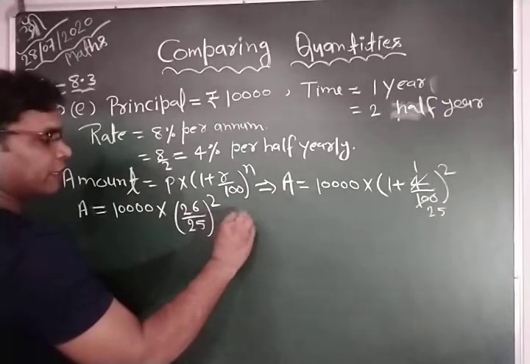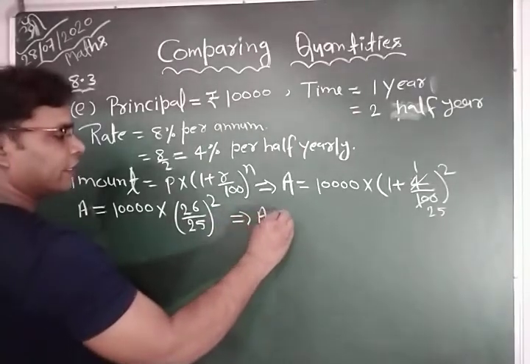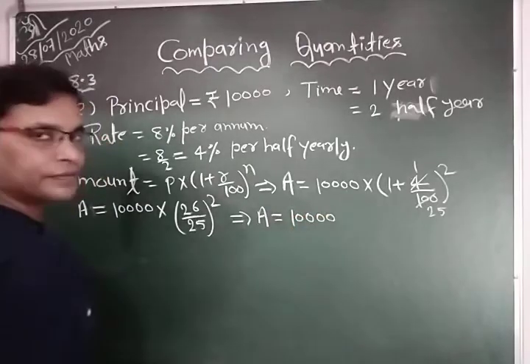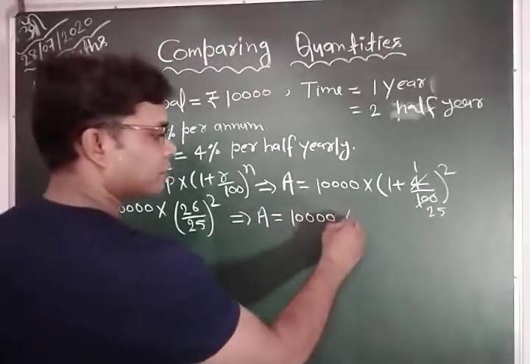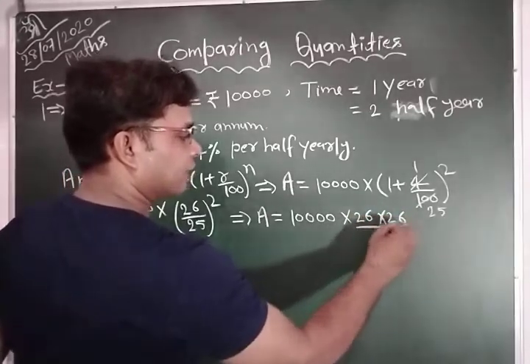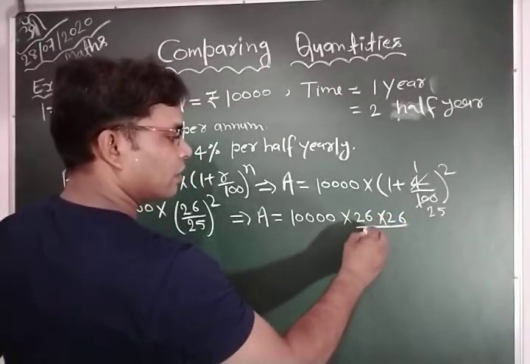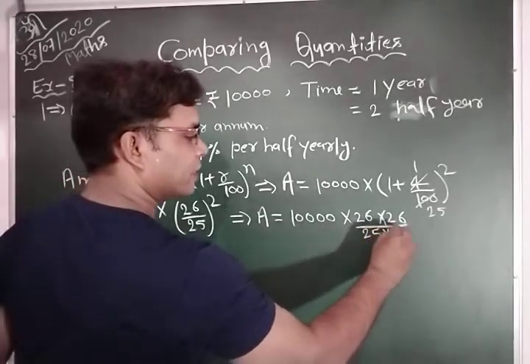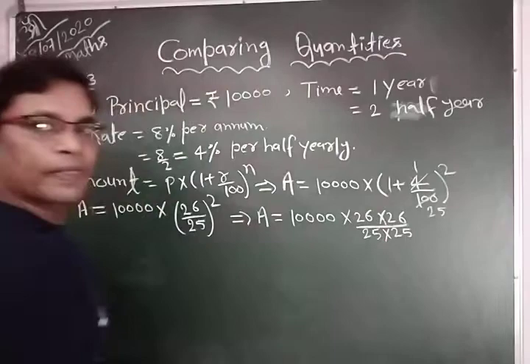This implies that we can write here A is equal to principal 10,000, we write as it is, into 26 into 26 by 25 into 25. Clear?